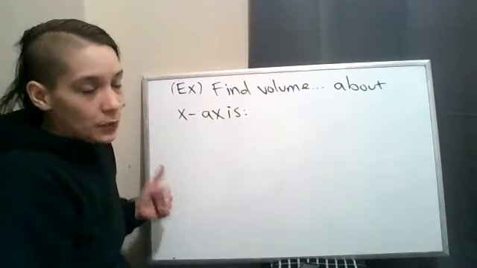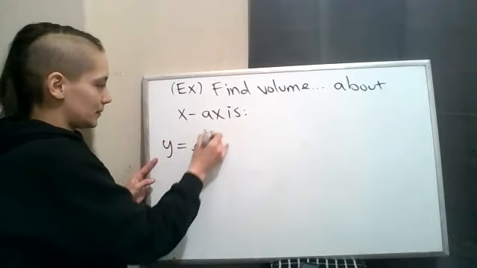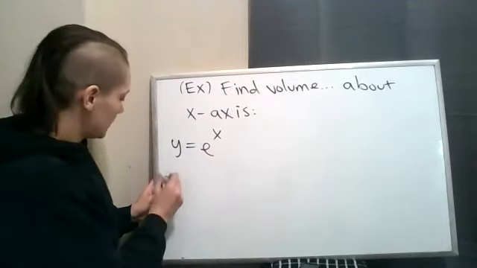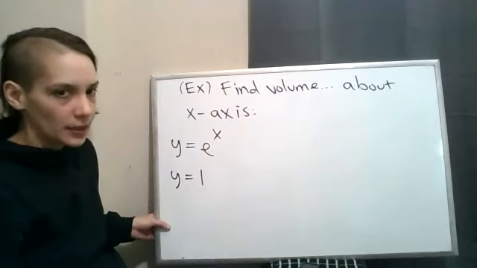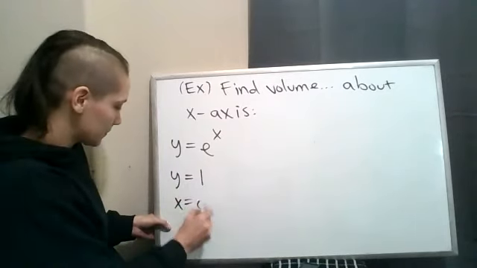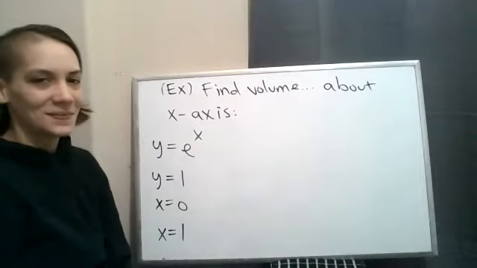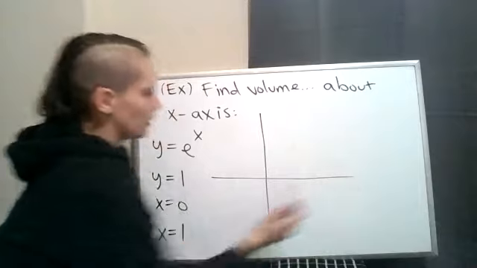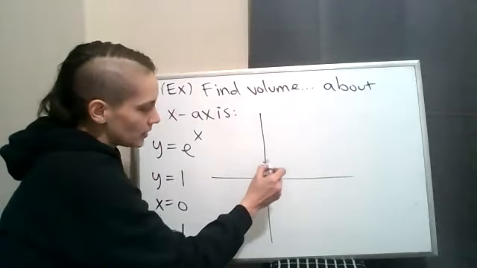The first function is y equals e to the x, and then y equal to 1, x equal to 0, and x equal to 1. So we're sketching the region first. Y equals e to the x goes through the point 0, 1.